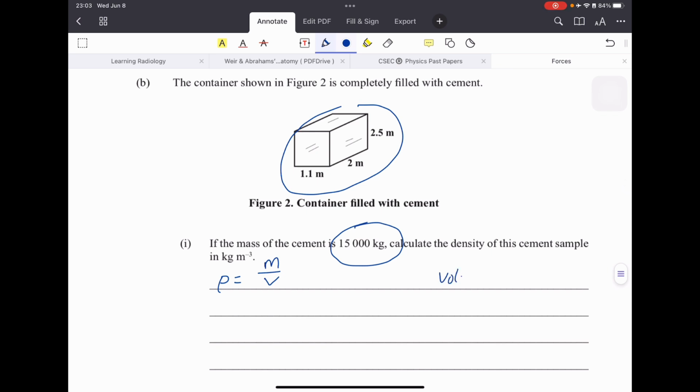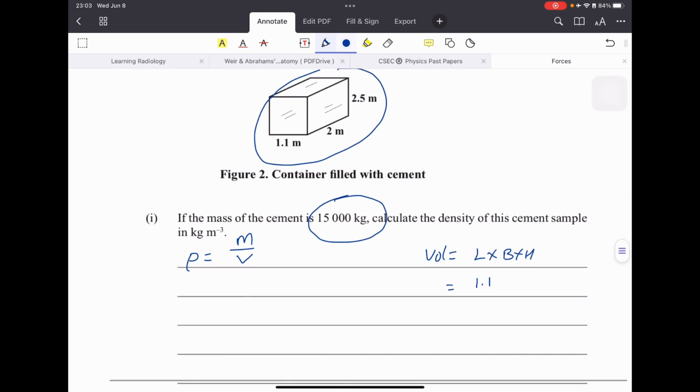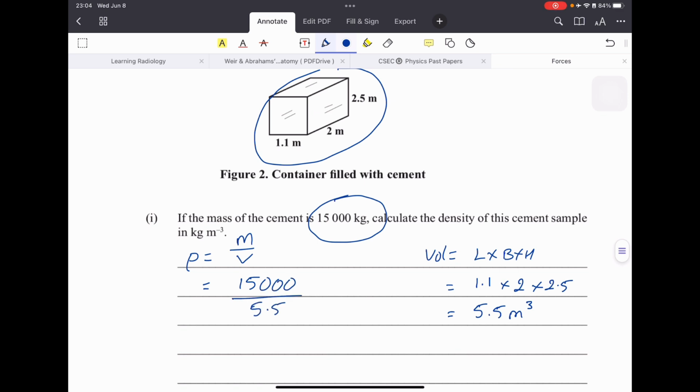The volume is simple, length by breadth by height. It's a cuboid, right? So you have 1.1 by 2 by 2.5. All we need to do is punch that in our calculators, and we get 5.5 meters cubed.